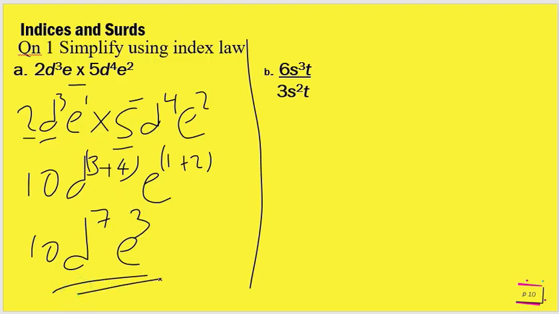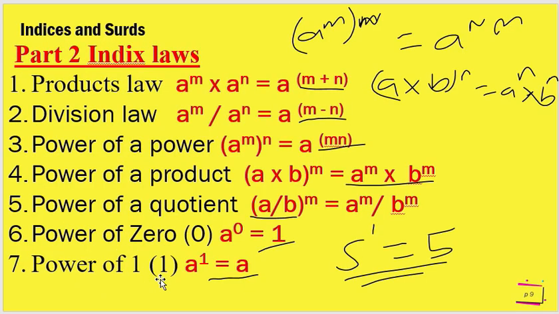That becomes the answer. Now when it comes to part B, whereby we are dividing, we use row number 2 here, whereby we minus the powers.